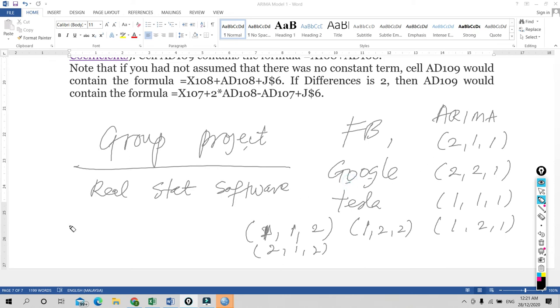And also you can test ARIMA 1,0,2, 1,0,1, 2,0,1, and then 2,0,2. Try to find which one is the best model by referring to AIC and BIC.